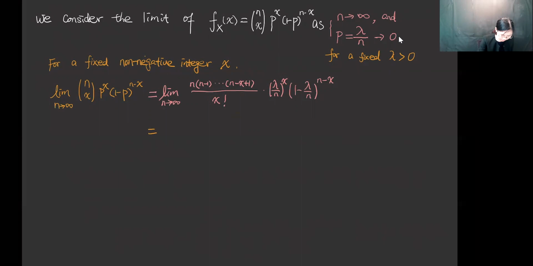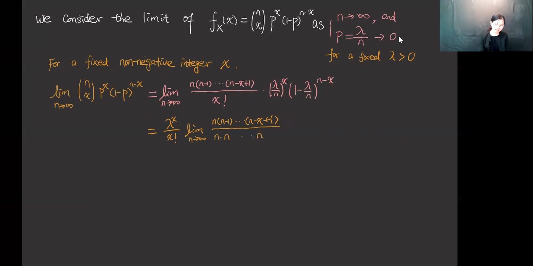So we have lambda to the power x divided by x factorial times the limit of n times n minus 1 to n minus x plus 1 divided by n to the power x, which is n times n times n.